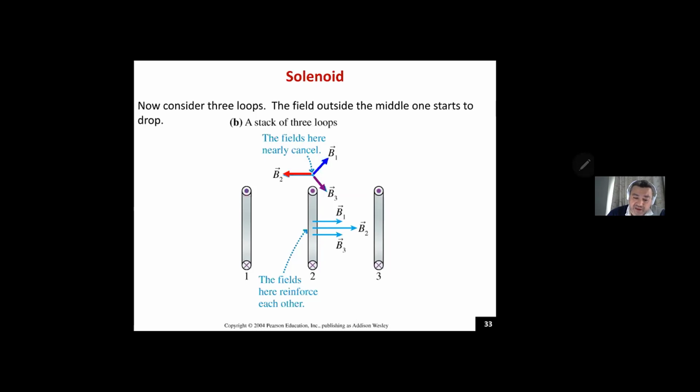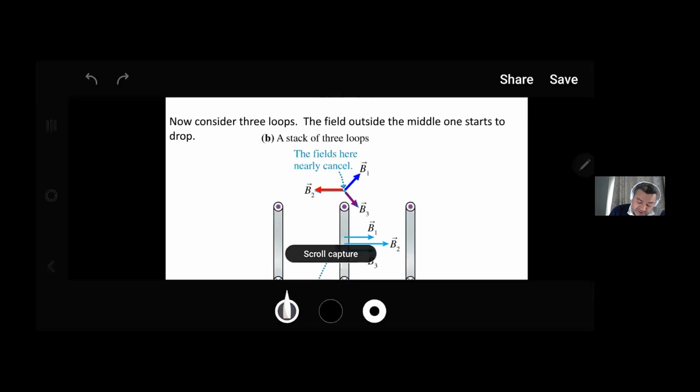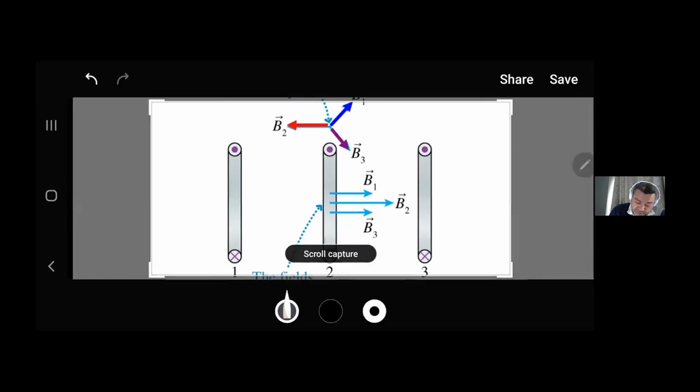However, outside the solenoid, taking the center loop as an example, we have seen that the B2 due to this loop, which is in the center, is also perpendicular and pointing this way.